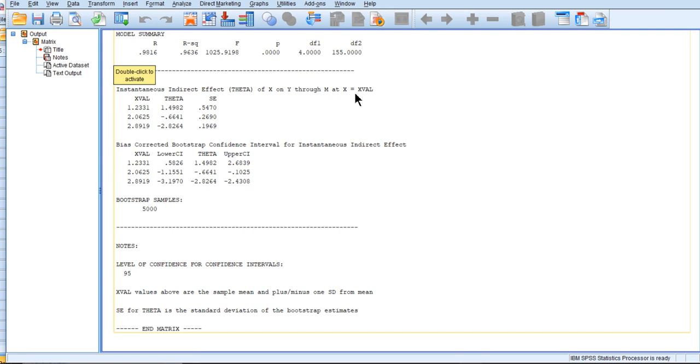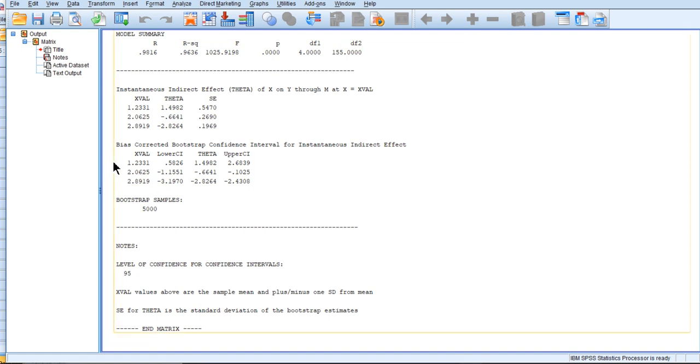How is the mediation when x has these three values? Theta is the instantaneous indirect effect, and we are interested now in the confidence intervals.